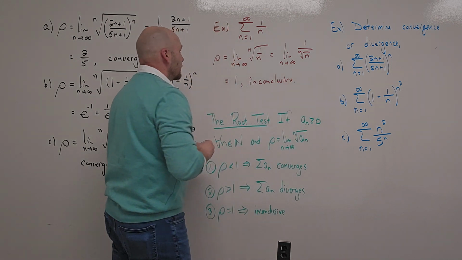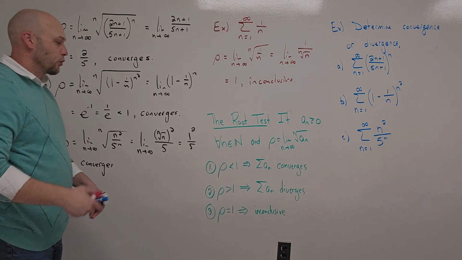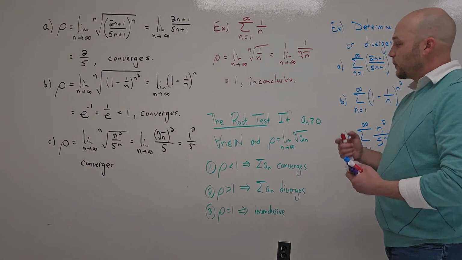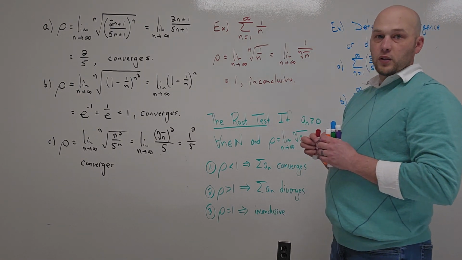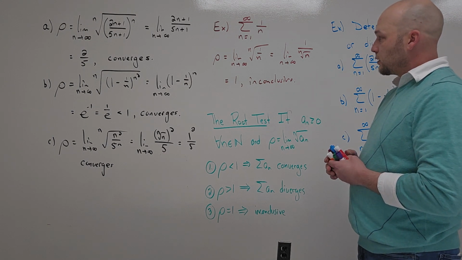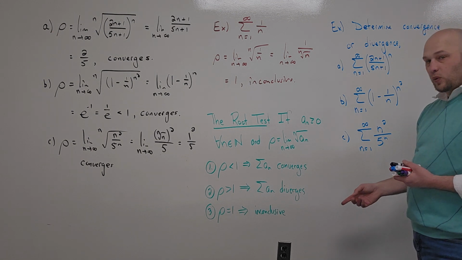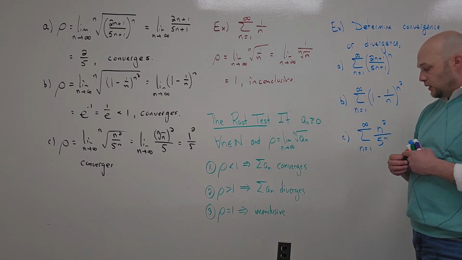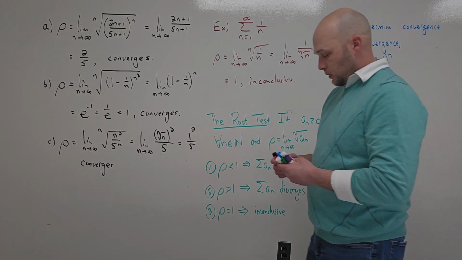Now, we have lots of ways that we can show that this series is divergent. But the root test, and if you watch the video on the ratio test, both of those lead to inconclusive for this series. If I were to get any value of rho that's bigger than 1, which is the opening discussion that I had in this video, where rho is 2, then we know that it diverges.